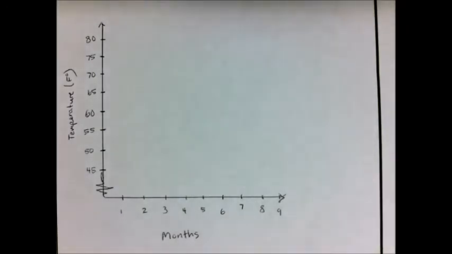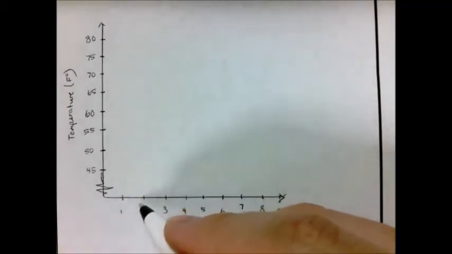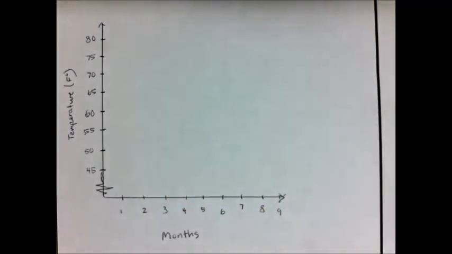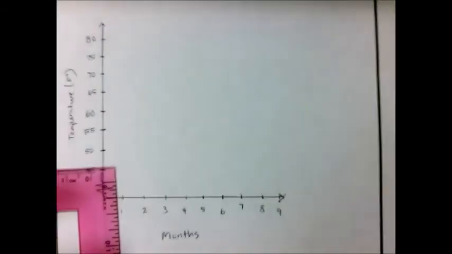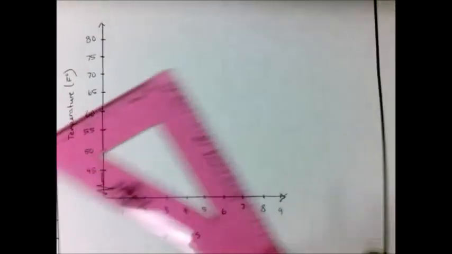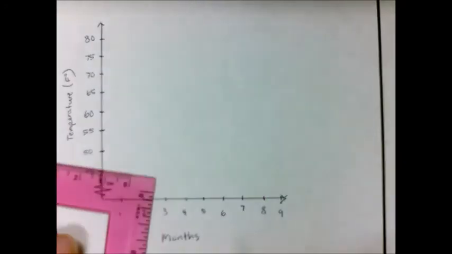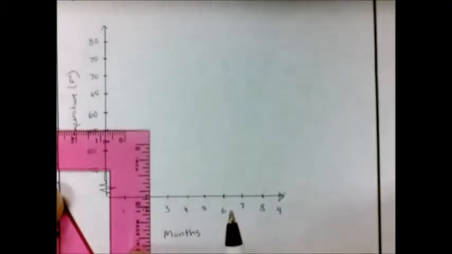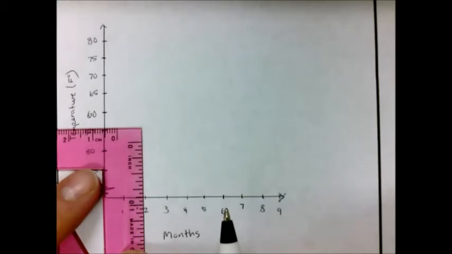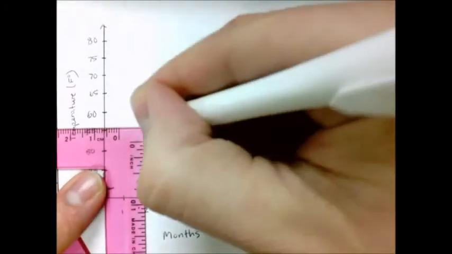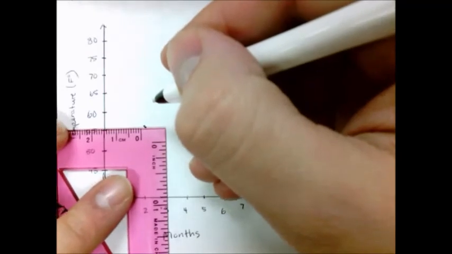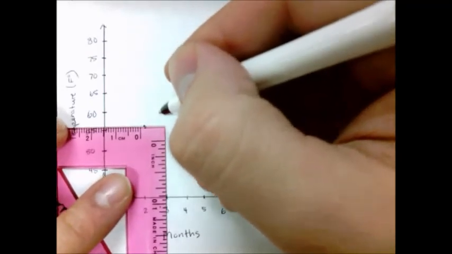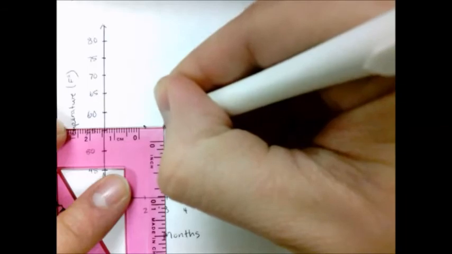So let's go ahead and graph these parts. Remember the second month was the first month given, and that was a temperature of 56 degrees. So we're going to go up from 2 months, and if you have one of these right angle rulers, those are nice too, because you can easily figure out where to graph the point. Month 3 was at 56 as well, so we can put the same exact dot right there.